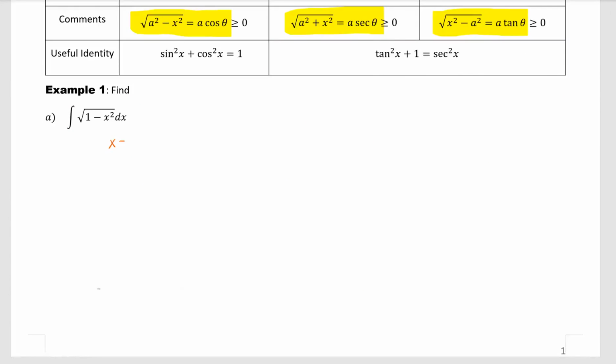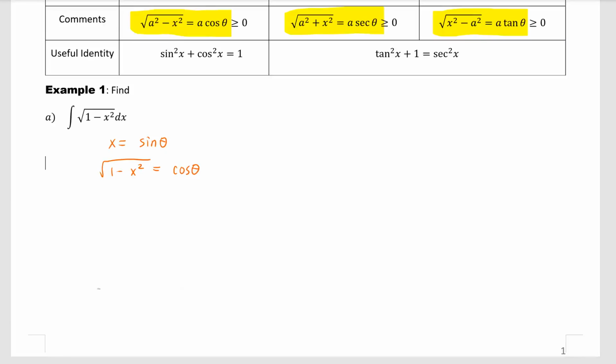So the setup, x equals 1 sine theta. This is the setup. And after you write the setup, what is the square root of a squared minus x squared? A cosine theta. Okay, so that's why when you see the integrands, you know the setup, and then you know who's the wife of that. So far, so good, everybody.